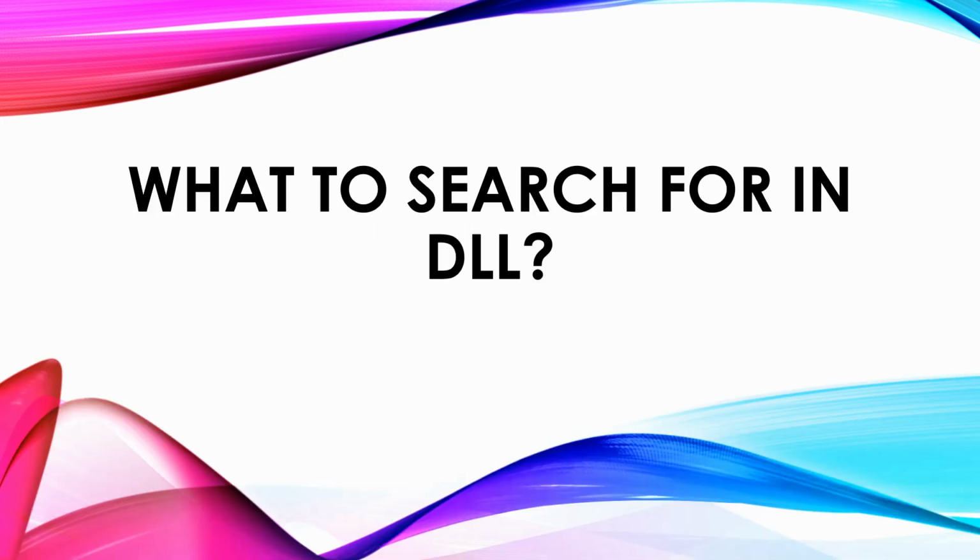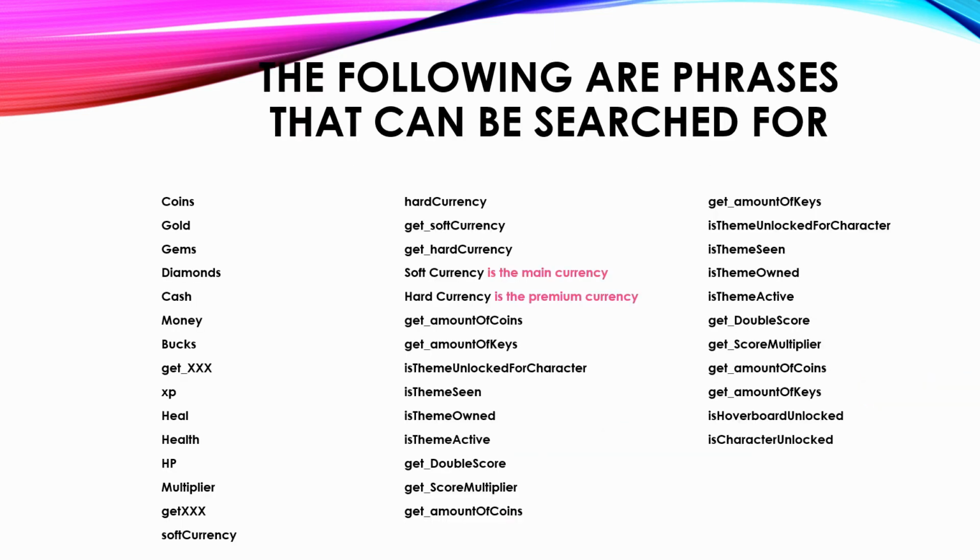So at first, what do we search for in DLL games? This is a basic list of phrases that we can search for: perhaps coin, gold, gems, diamond, cash, money. Some games use other variable names, perhaps hard currency, soft currency.